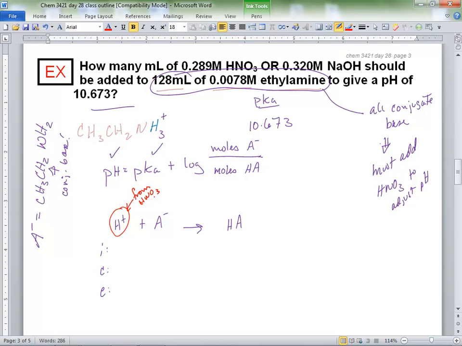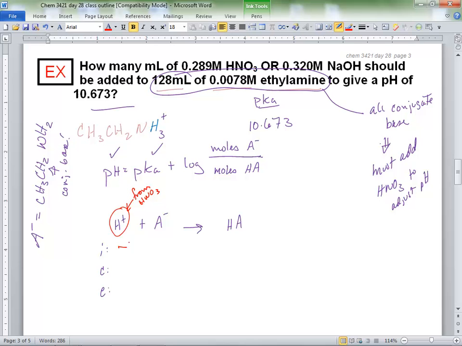We just dumped in 128 mils of 0.078 molar ethylamine. You haven't added any HNO3 yet, so there's nothing there. It's initial, right? You haven't dumped any in yet. Okay. Do we have any initial conjugate base? Yeah. Now what number do you put there? Do you put the 0.0078 or do you put the moles?